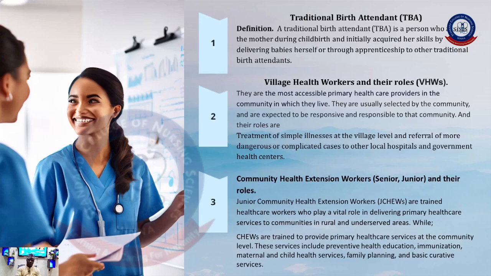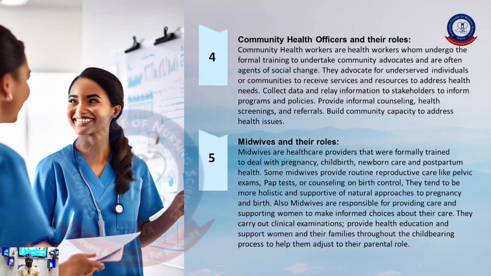So we also have community health officers under their roles too. The community health workers are health workers who undergo formal training to undertake community advocacy and are often agents of social change.